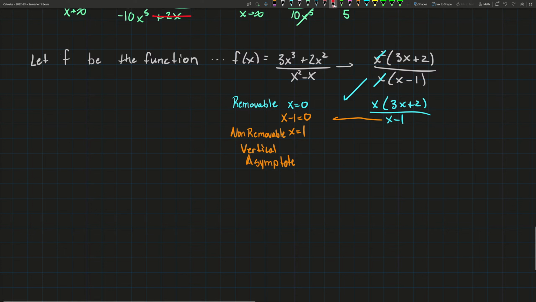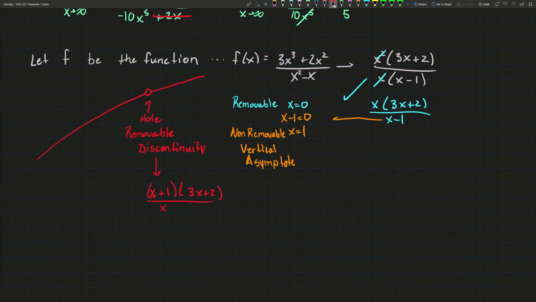So, types of discontinuities. A removable discontinuity is a hole. It's going to look like this. This happens when you get something that looks like this.